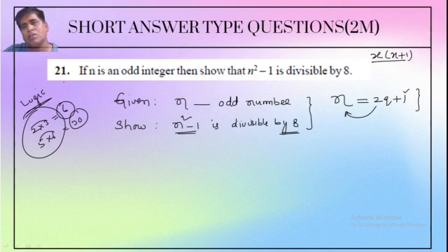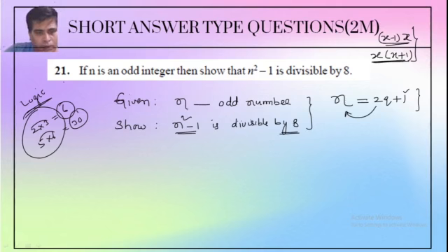Or if one number is x, the other number is x minus 1. Again, these are also two consecutive numbers. So the product of two consecutive numbers is always divisible by 2. This logic we are applying here.